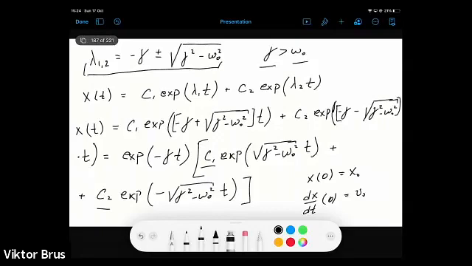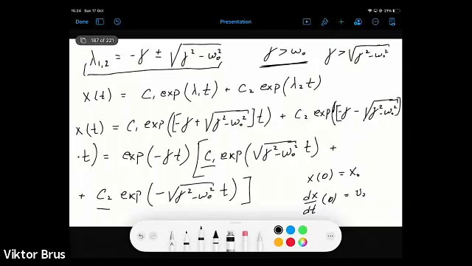In case of the overdamped situation, we need to highlight this fact again here, that gamma is larger than omega naught. Since we subtract in this square root, gamma square minus omega naught square, we can also write that gamma will be larger than square root of gamma square minus omega naught square.